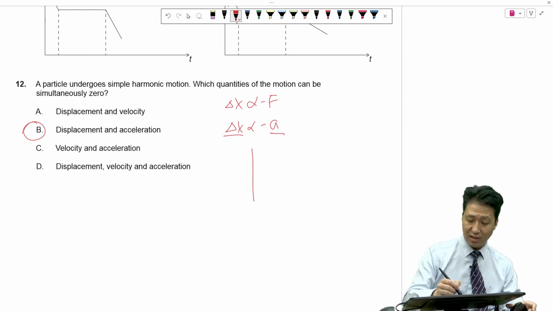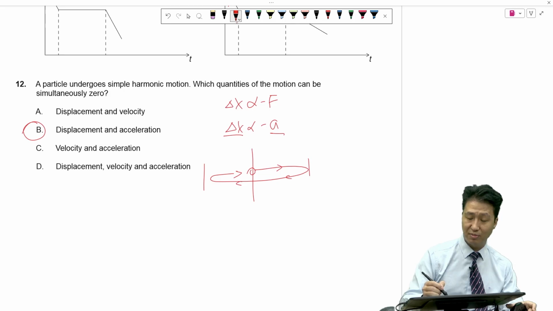And if you think about it like this also, the object goes back and forth like that. There's going to be a maximum displacement. At the maximum displacement, which is called the amplitude, it has to stop and turn around. So here, velocity is 0.